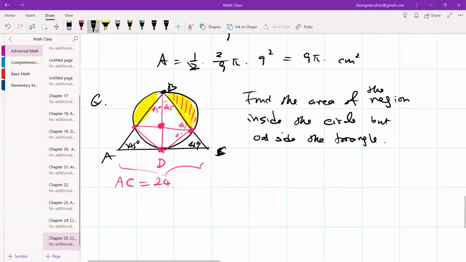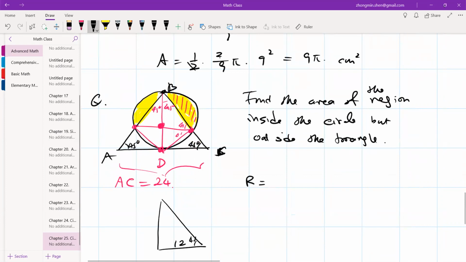So the first thing we have to do here is find the radius, right? The radius is going to be half of the height. So you have to figure out the height, right? AC is going to be 24, so this will be 12.